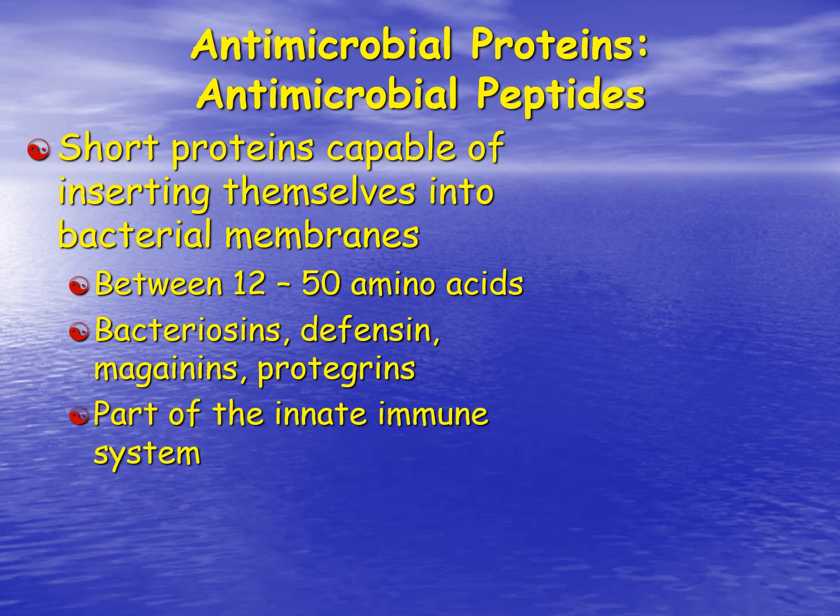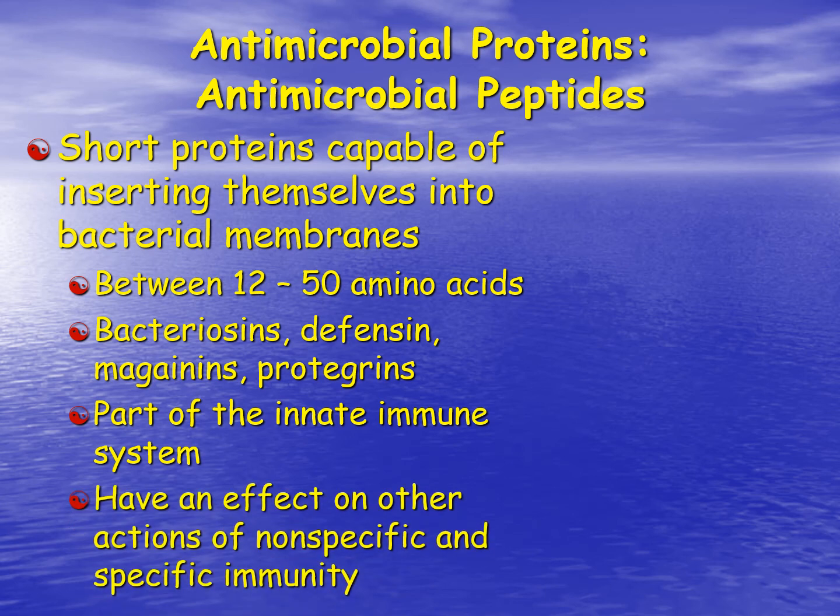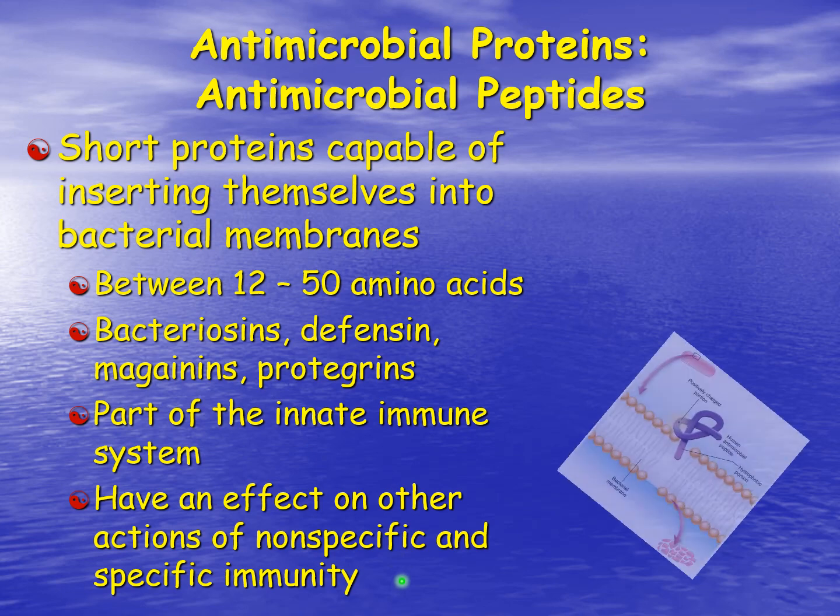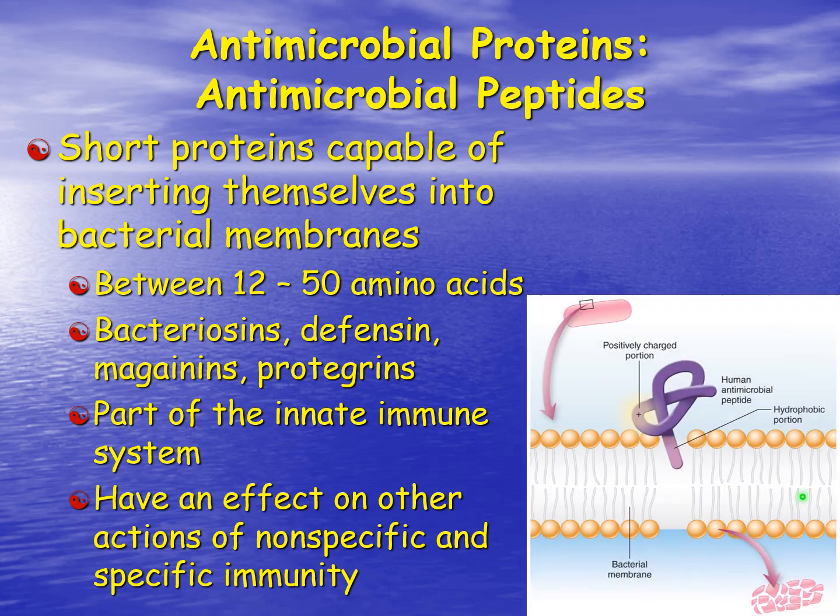They are actually considered part of the innate immune system. They do have effects on other actions of nonspecific and specific immunity both. So these just simply insert themselves into, again, oftentimes the cell membrane, basically breaking it apart and causing lysis of the cell.